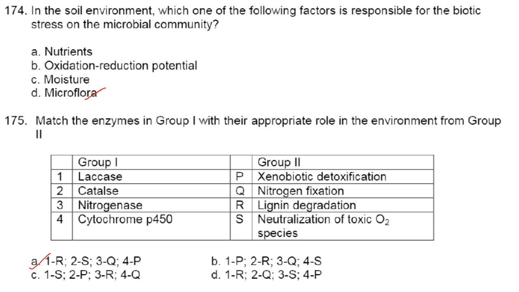So, biotic stress is a stress that occurs as a result of damage done to an organism by other living organisms such as bacteria, viruses, fungi, parasites, etc. So, the answer here is option D, that is microflora. A to C are abiotic.